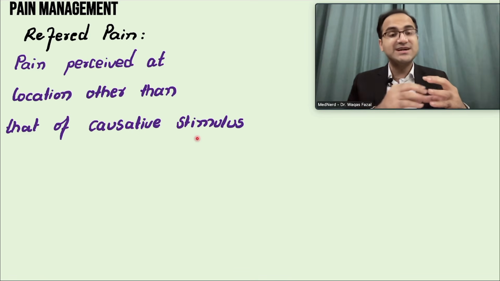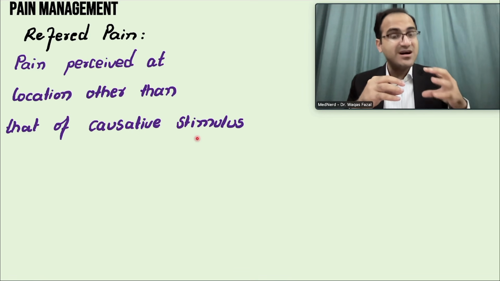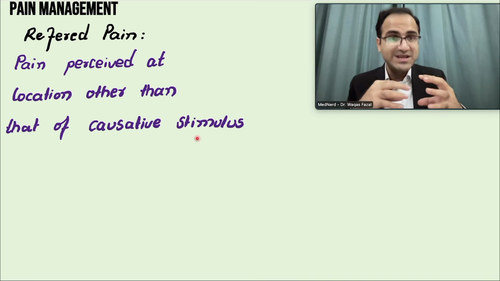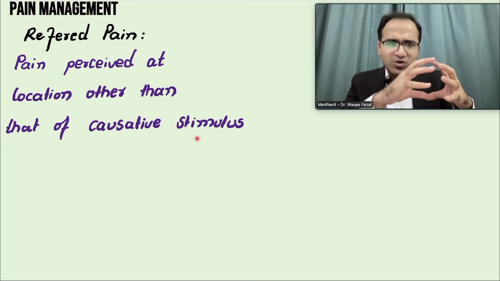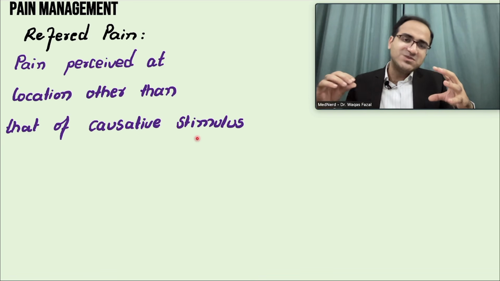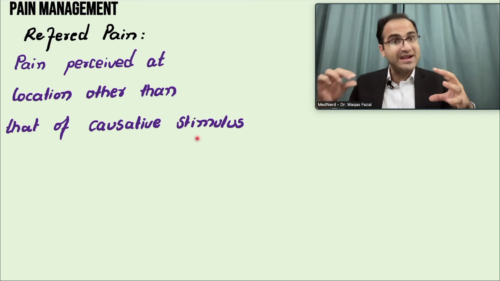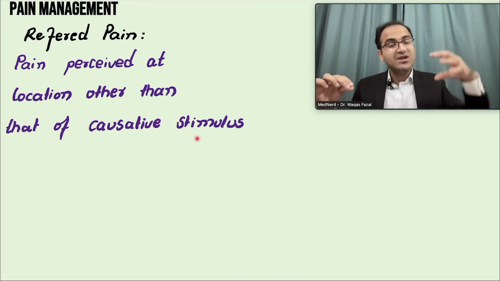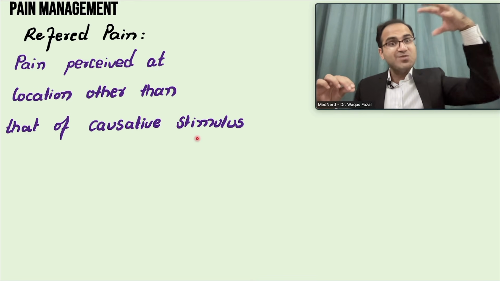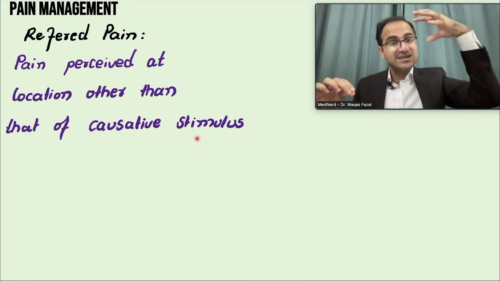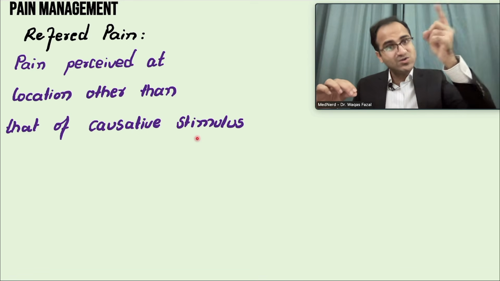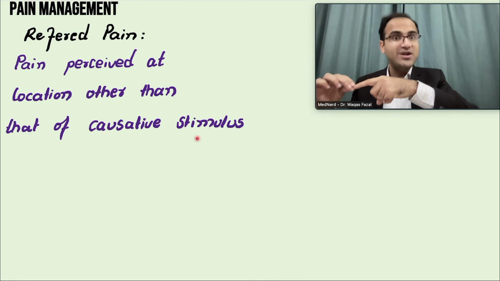Basically the nerves that supply a specific viscera or organ like the spleen and the diaphragm come together at a specific level in the spinal cord, and at that very level, the nerves from the specific dermatome of the skin, the nerves that take sensation from the skin, are also synapsing at the same point in the spinal cord.